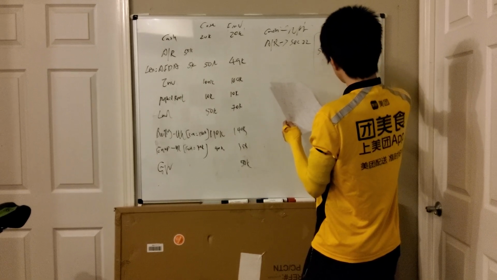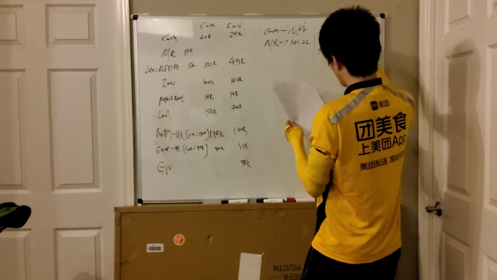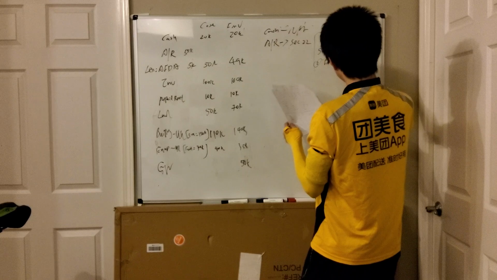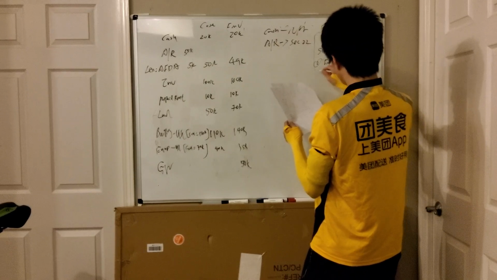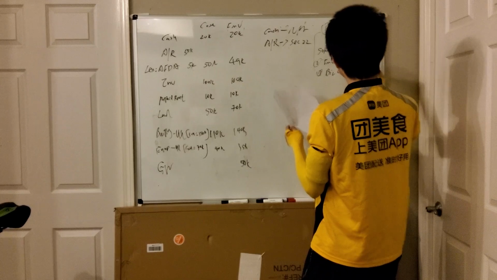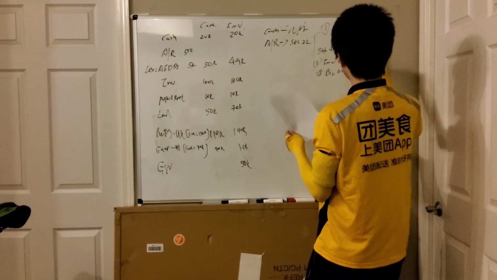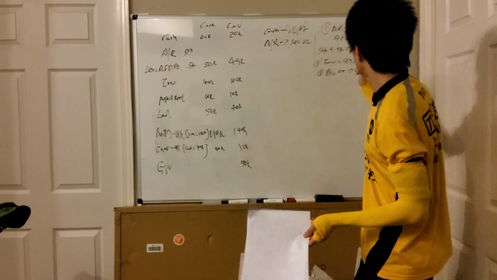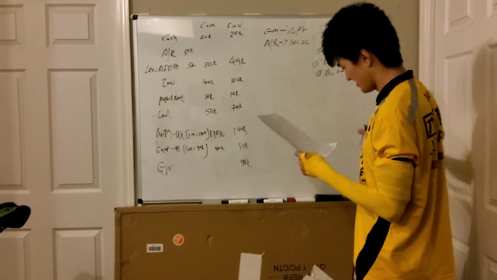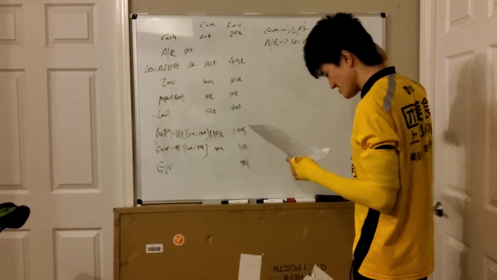So that would be 50K plus 5K, 55K. Second, we have a fair market value equal to 49K. Because the fair market value is smaller than the book value, we have a 6K business loss.